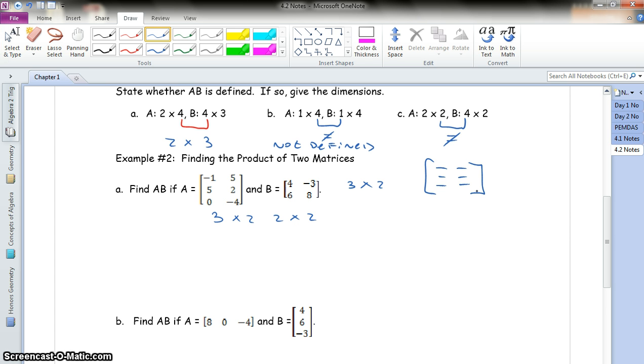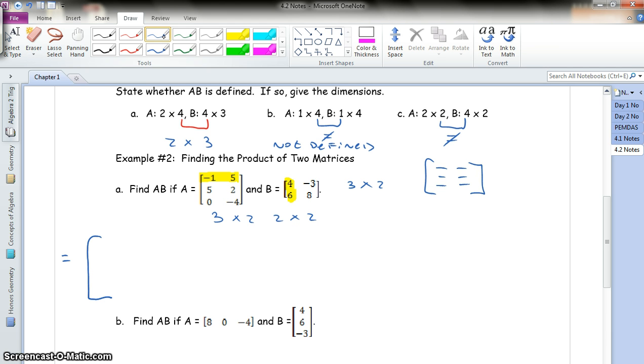Alright, now, for the fun stuff. When multiplying two matrices, we are going to go row by column, row by column, row by column. To start, I'm going to take my first row and my first column. Those are the only 4 numbers we're dealing with now.